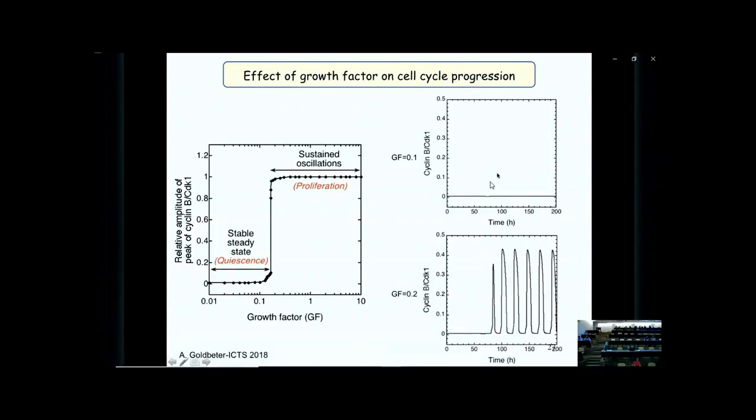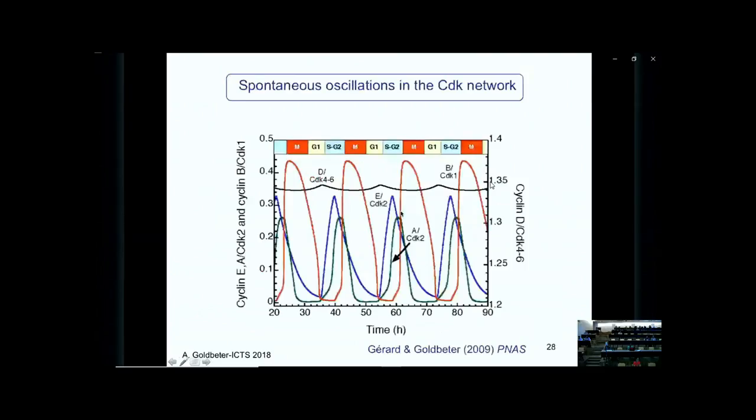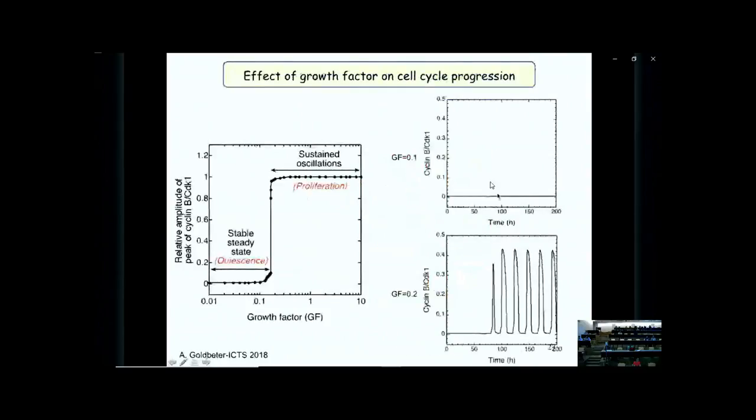Now, this is shown here on the right. On the right, you have two panels. On the top, growth factor equals 0.1. We are here, and there is a stable steady state of CDK1. And this is shown here. There is a flat profile of CDK1. But the next panel, 0.2 for GF, we are here. It's a log scale.